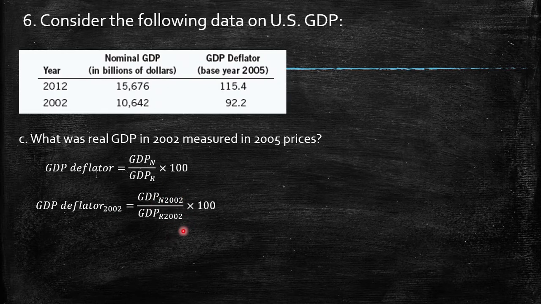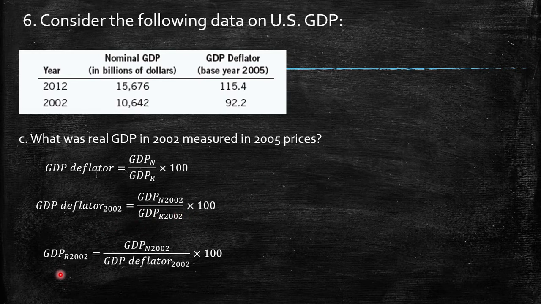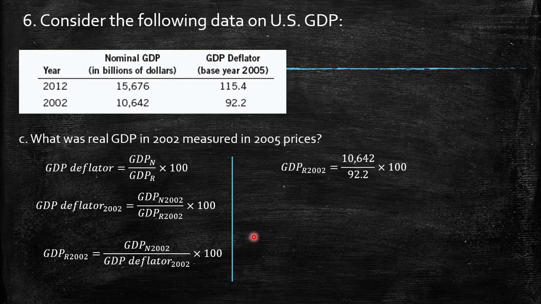So there is one equation and one variable, which is the real, so I can collect this term to find the real value. The GDP real is dividing, so it goes to the other side, and this goes to the other side. As you can see here, we have isolated the value that we need to know, which is the real value for 2002.